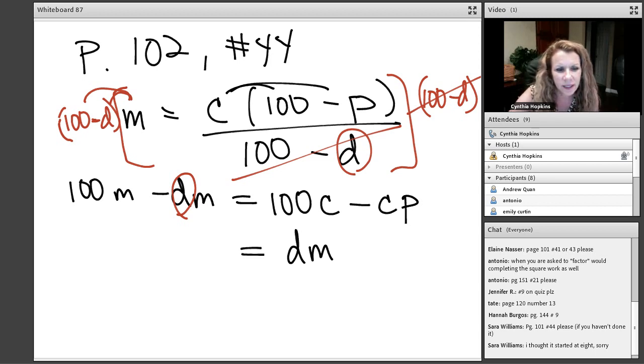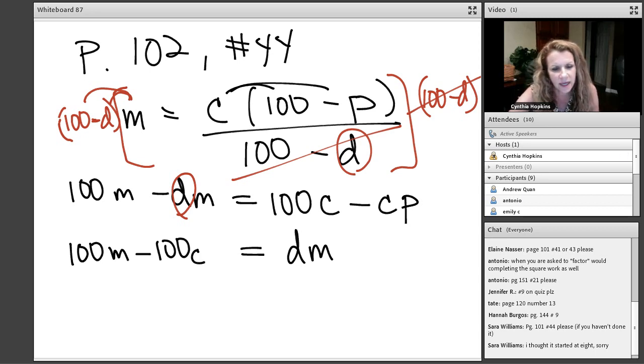You know what? I think I'm going to add dm, so that I get a positive coefficient, because right now the coefficient of d is negative m. Because of that negative sign, I think it would be wise to add it so that it's on the right side, and then let's just bring everything else over to the left side.